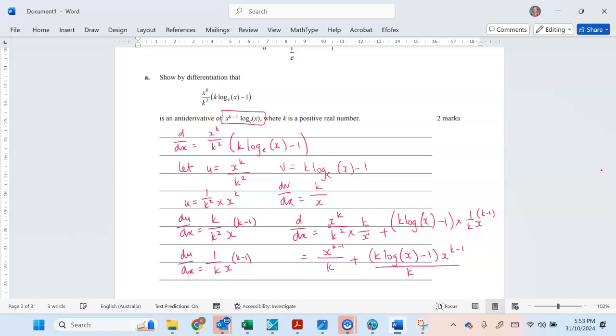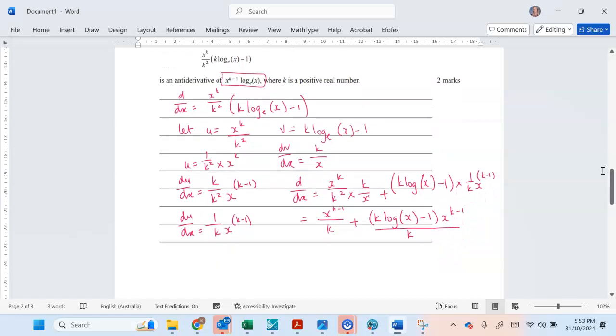So we're aiming to get this. So you can see we've got the same denominator.